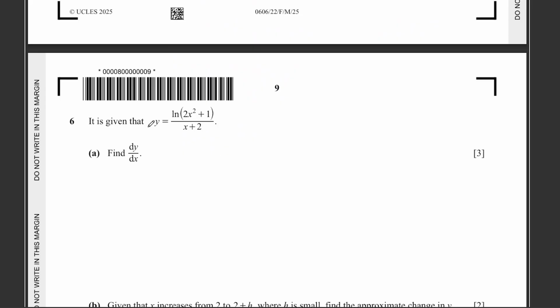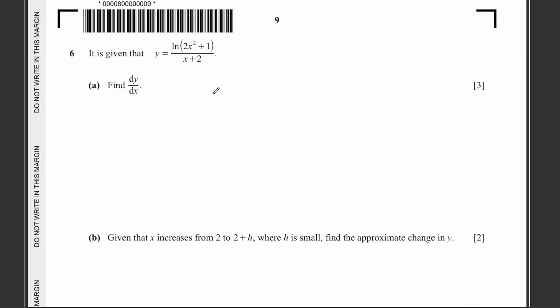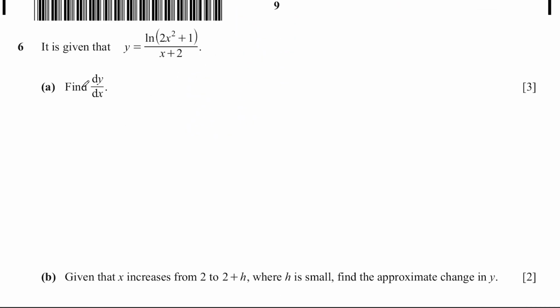Okay, it's given y is this function, and we want to find the derivative. So it's a function divided by another function. So we have to use the quotient rule, or if you prefer, the product rule by rewriting it as a negative exponent, that's fine also.